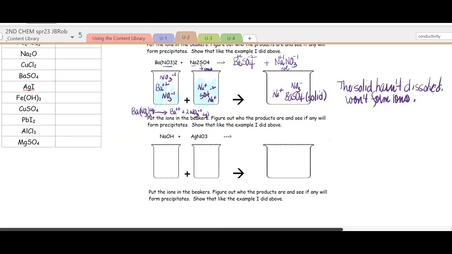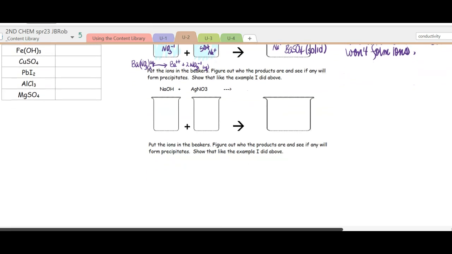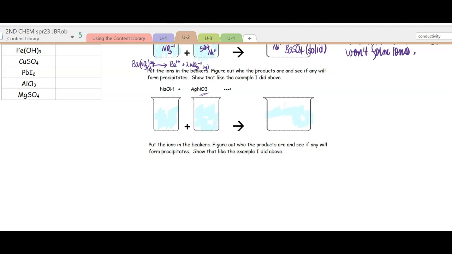Now, sodium hydroxide and silver nitrate. All compounds with nitrate in are soluble, and all sodium compounds too. So we know these are going to be two clear solutions that we pour together. All right, and so we have water in our containers. With NaOH, we know they're both soluble, so I'd have Na plus, OH minus.